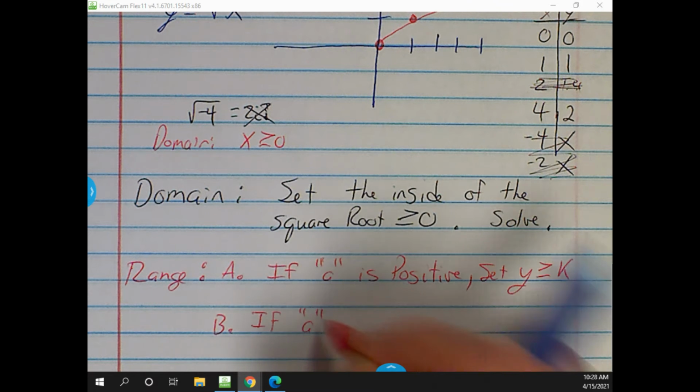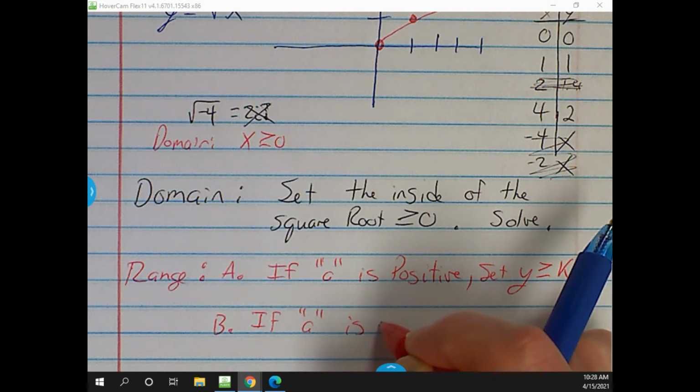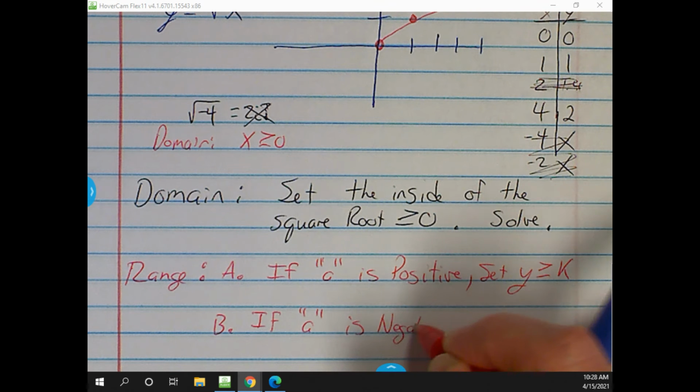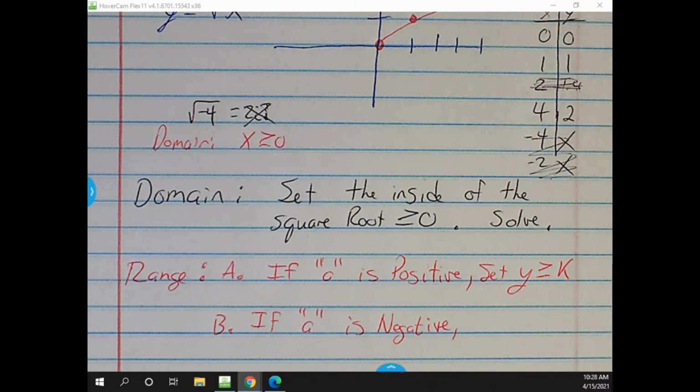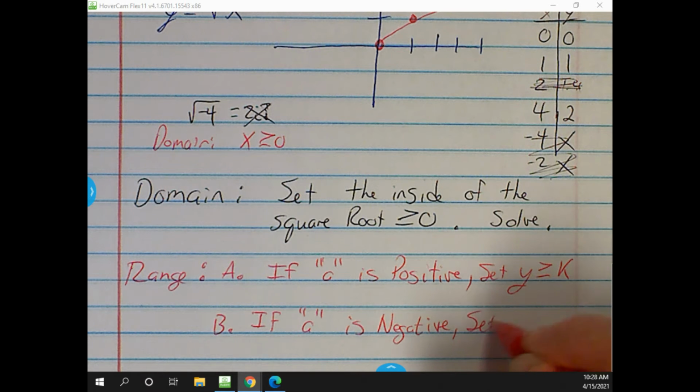And for the B part, if A is negative, because that's the direction part of it, and it's either positive or negative, y is going to be less than or equal to the k value.